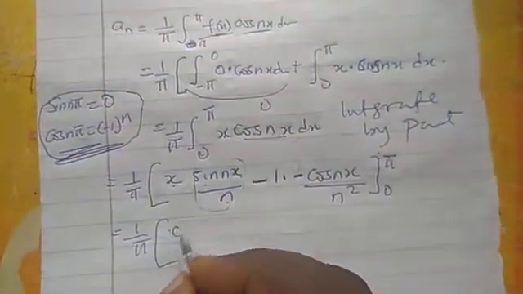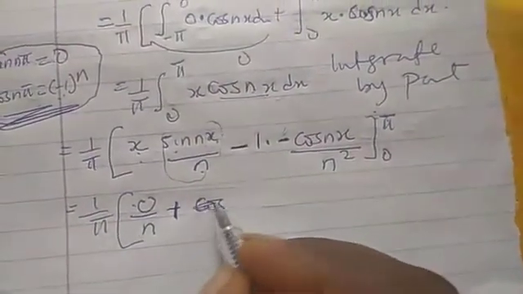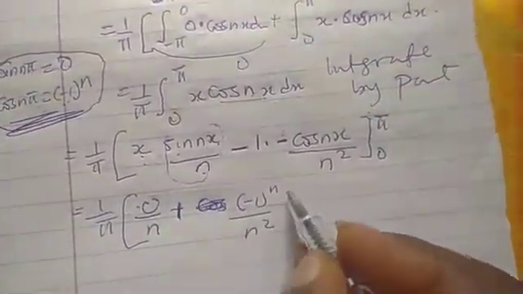But sine n pi is 0 already, so this will give me 0 over n. It will nullify this one. This one should be plus, there is a double minus here. You put cos n pi. Cos n pi is minus 1 raised to power n, because if you put pi here, it will become cos n pi. That will be minus 1 raised to power n over n squared.